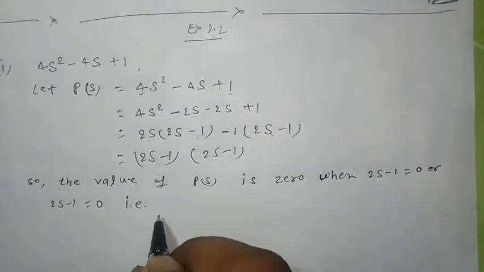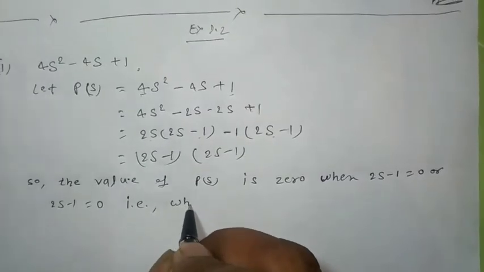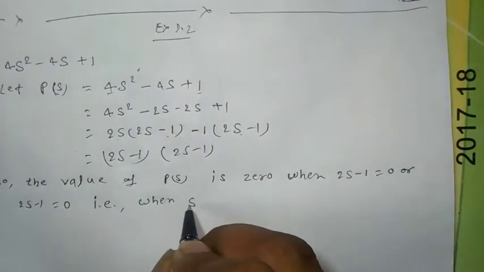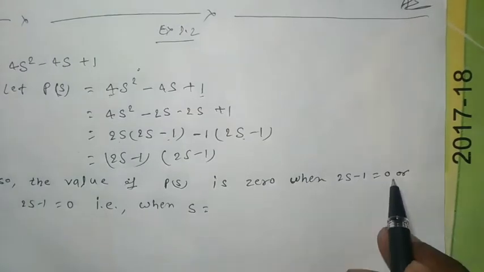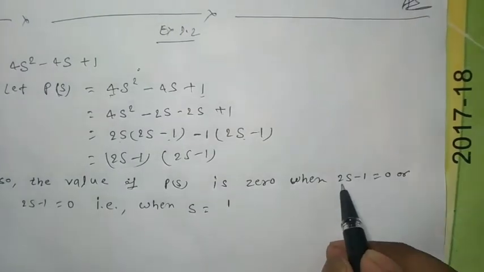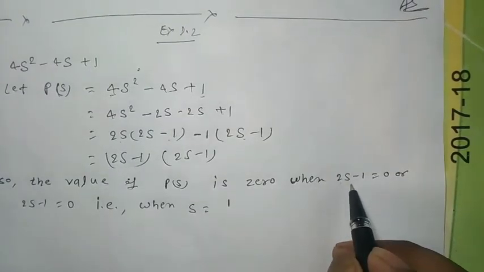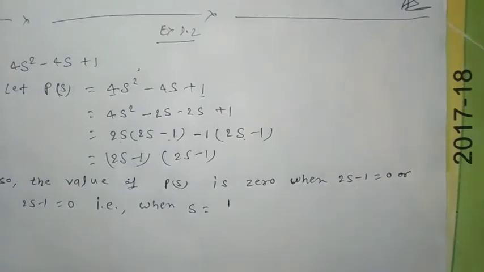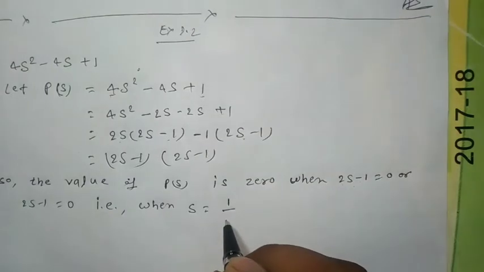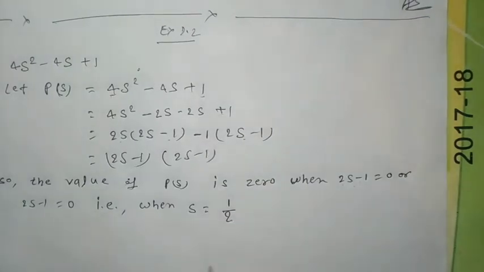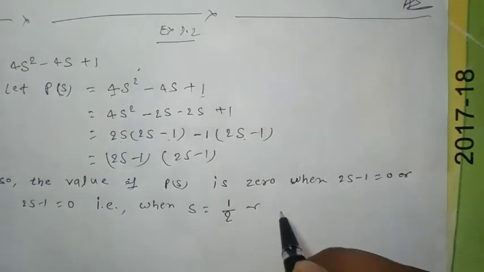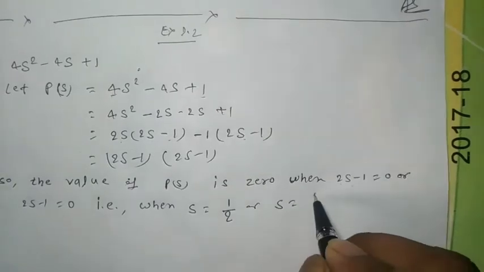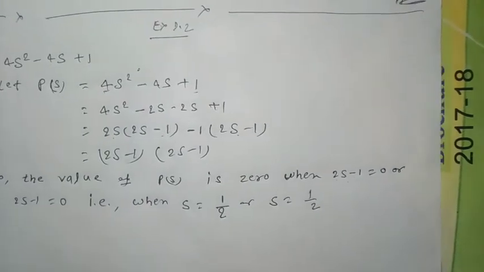That is, when 2s is equal to 1, minus 1 goes to the other side, then plus 1. 2 is multiplied with s, so 2 goes to the other side and divides 1 by 2. s is equal to 1 by 2, or s is equal to the same 1 by 2.